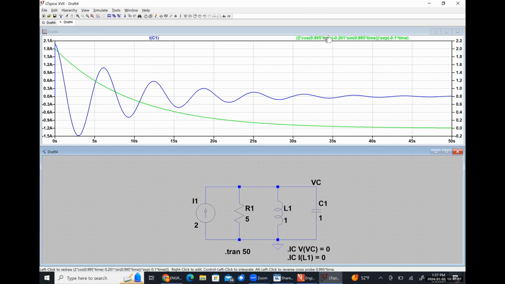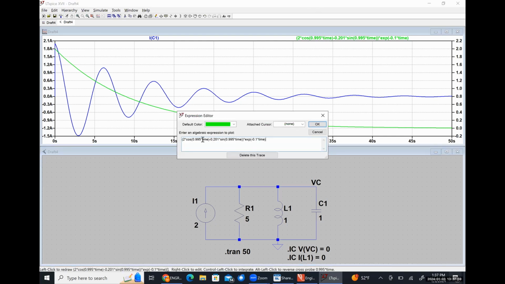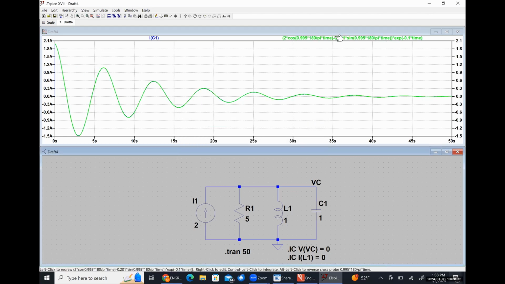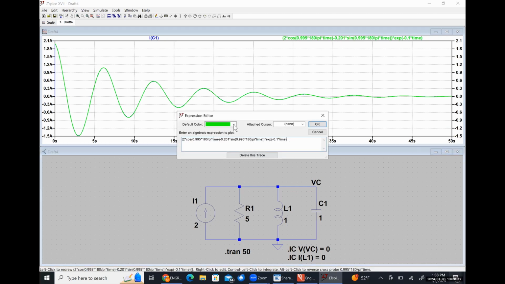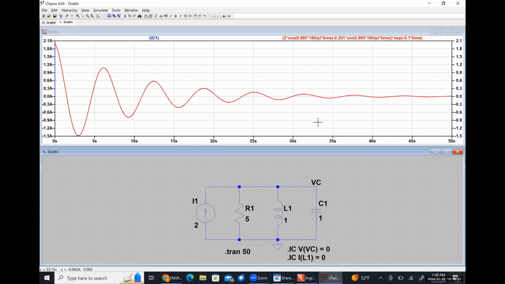So everywhere that I have omega d, I need to add 180 over pi. And now, all of a sudden, everything is fixed. My red curve completely overlaps my blue curve.